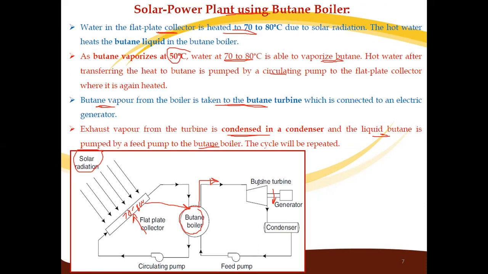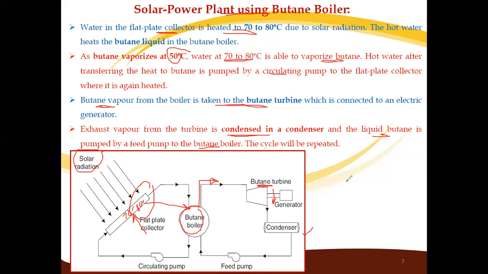Now there we require a steam turbine, here we require a butane turbine. All other parts, that is generator, condenser, circulating cooling water, that is nothing but the cooling towers, feed pump, all other parts and processes will be the same. The only difference is that we heat the water up to 70 to 80 degrees Celsius, and we pass it to the butane boiler where butane gets vaporized, and we convert that vapor into mechanical power by using a butane turbine.